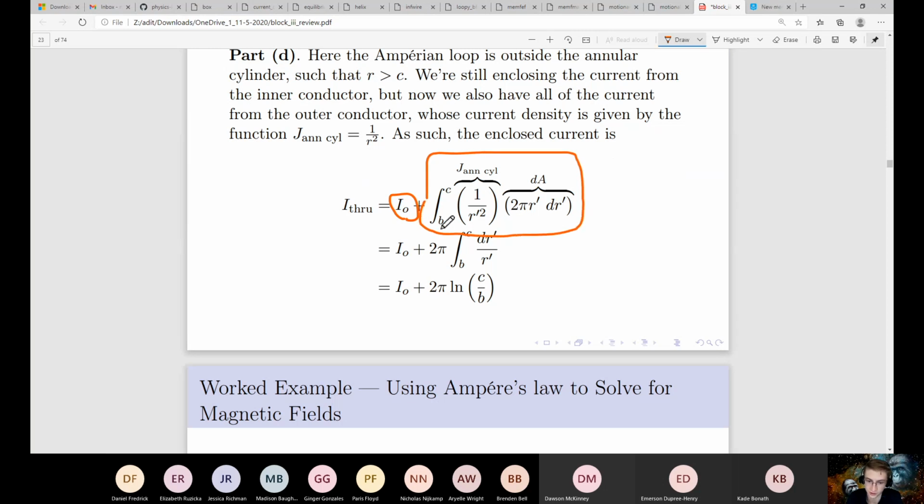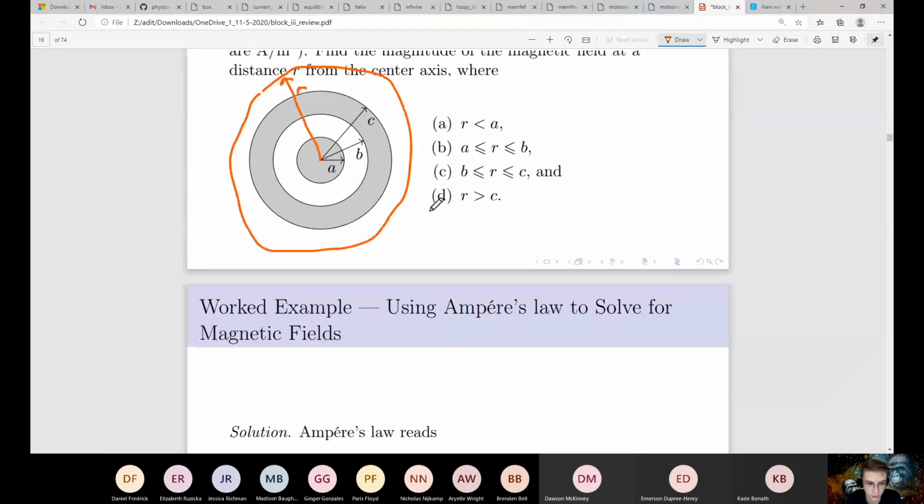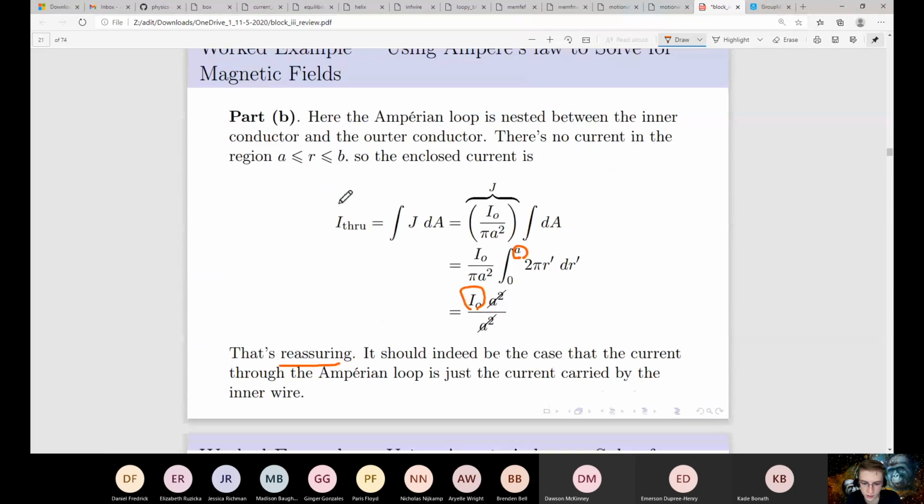Now the bounds of integration are from B to C, because if I'm integrating with respect to a radius, I start enclosing current at R equal to B for that new current density, and then I stop at C. I'm not enclosing any current past C, even though my R extends past C.